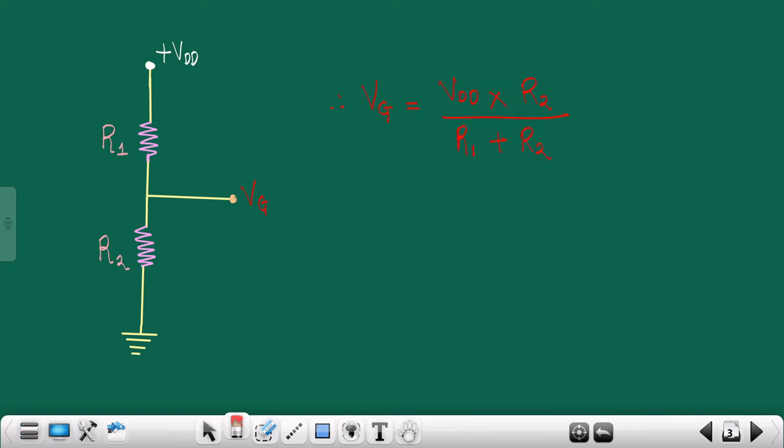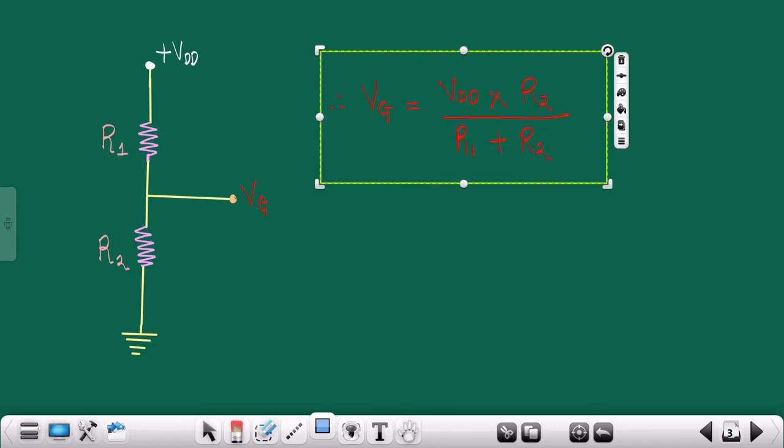So this is the voltage we would get. Let me just highlight it, and then we will bring it a little down, somewhere over here.